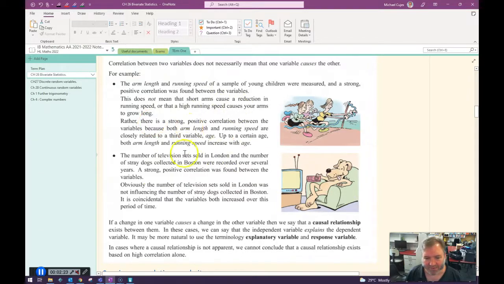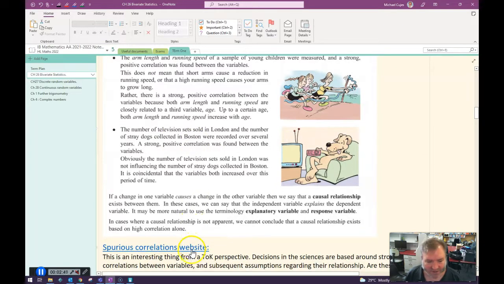Okay, these two are made-up examples, but you get the idea that just because a child has long arms doesn't necessarily mean that it's causing them to run faster. People losing or buying television sets in London are not causing stray dogs in Boston. Correlation does not imply causation.